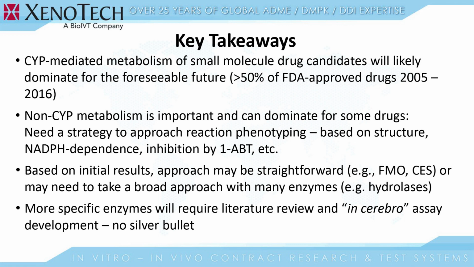However, you may need to take a broad approach with many enzymes being assessed, where you utilize many different test systems and the presence and absence of many different cofactors to elucidate which enzymes are involved. And more specific enzymes might require a literature review and a more in-depth in vitro assay development. So there's not always a silver bullet or an easy pathway to take.